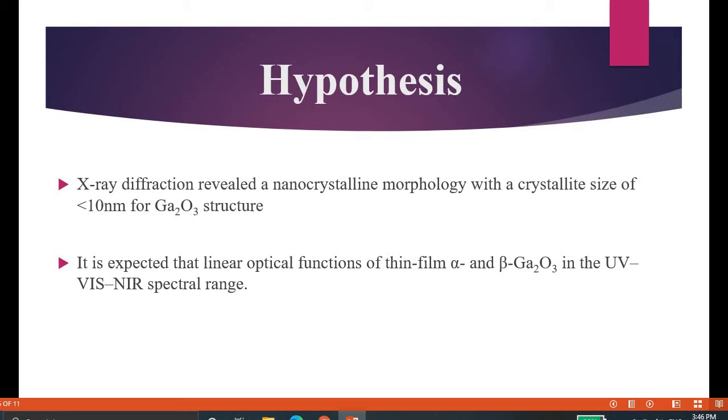We expect linear optical functions of the alpha and beta gallium oxide thin films in the UV to near-infrared spectral range, so it must be a linear optical spectrum. And also the XRD should reveal a nanocrystalline morphology with a crystallite size of less than 10 nanometers for this gallium oxide thin film structure.